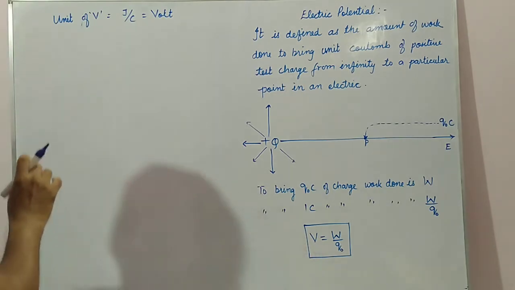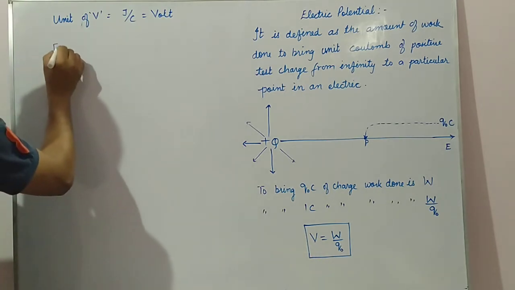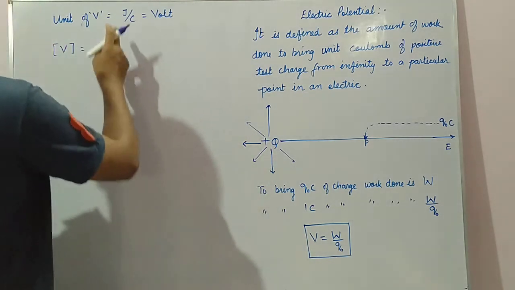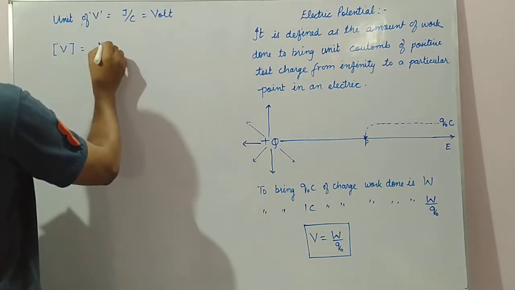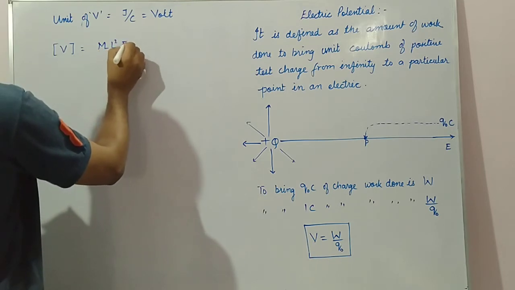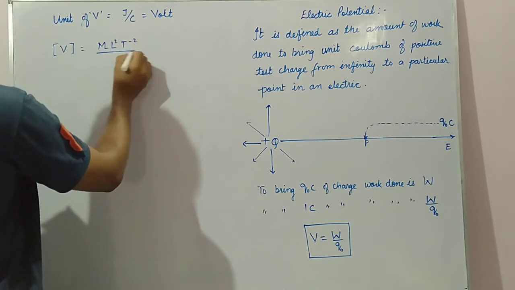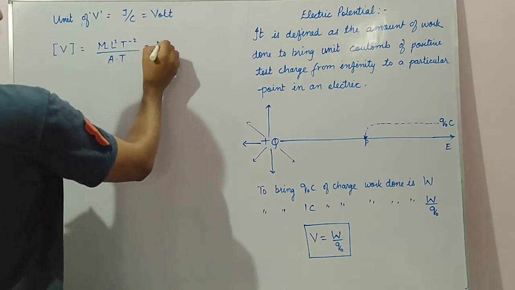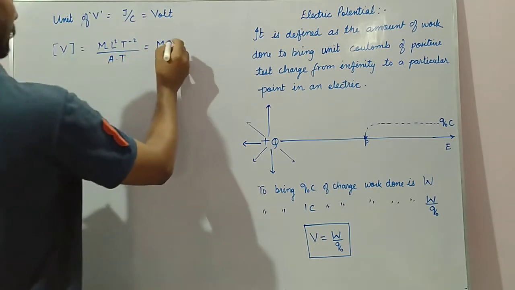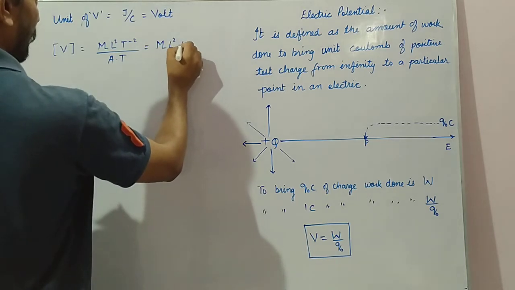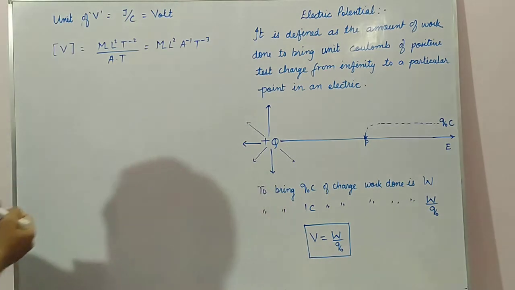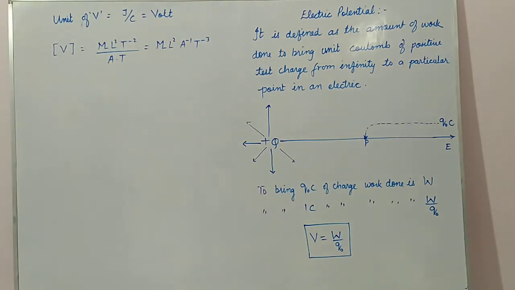Then we will see the dimensional formula of V. Joule is kg meter square per second square, divided by coulomb, that is ampere second. So this is M L square A minus 1 T minus 3. This is the dimensional formula of volt.